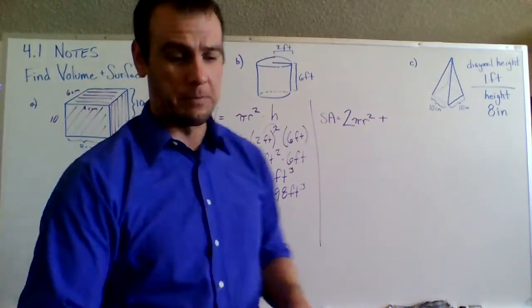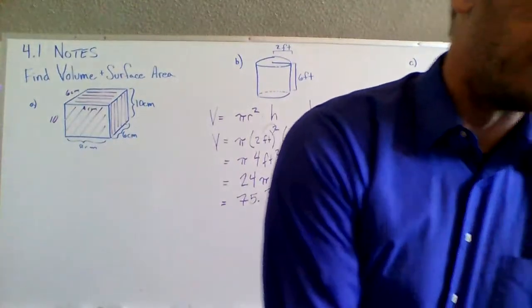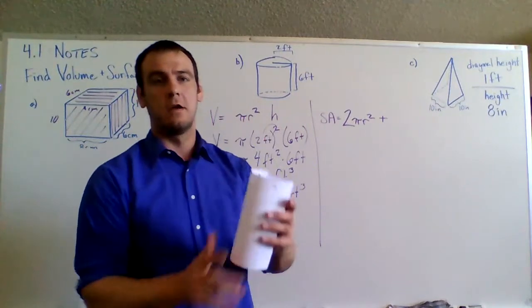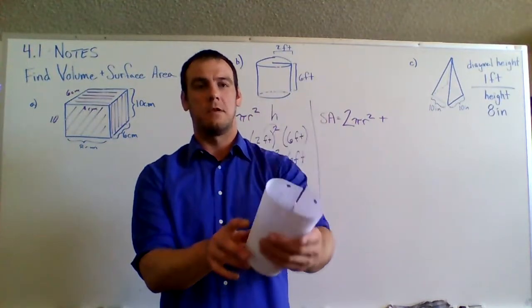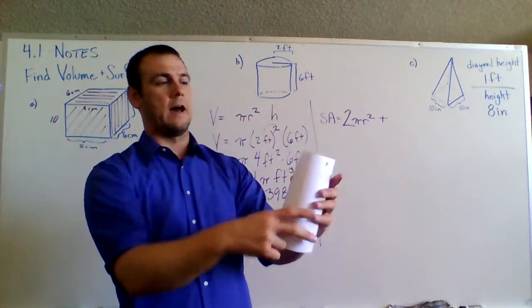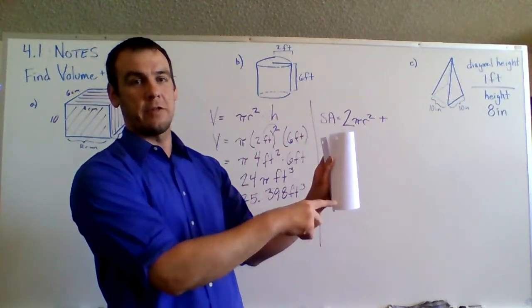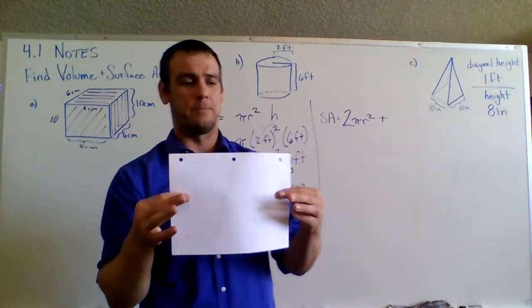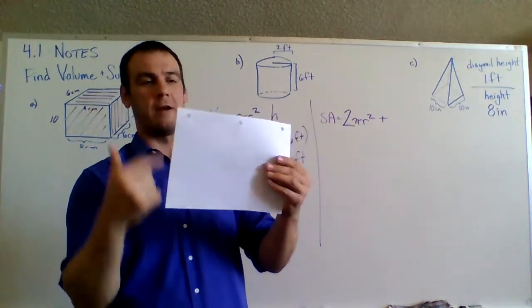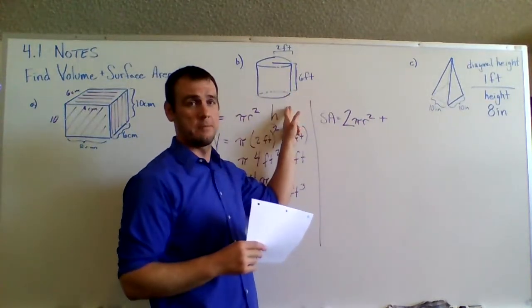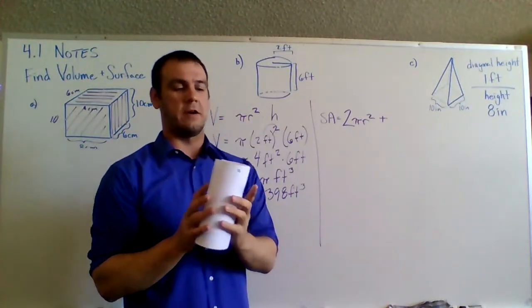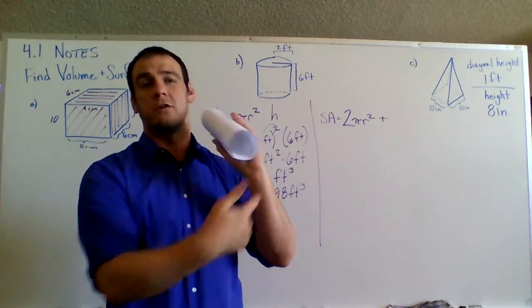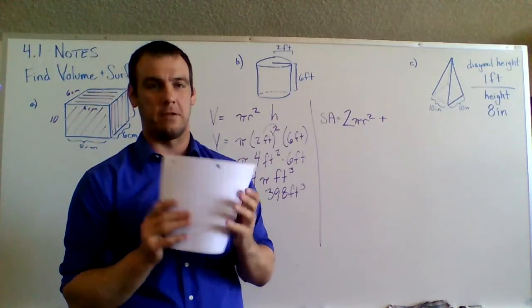Now guys, if you got a cylinder, let's see how this works on the video. Okay, so you got the cylinder right here, circular on top. If you made a slice down the side and unrolled it, it would make a rectangle. Okay, so now the height of that rectangle is just going to be the height of your cylinder here. The base of that rectangle would be like the outside of a circle, which is going to be the circumference.